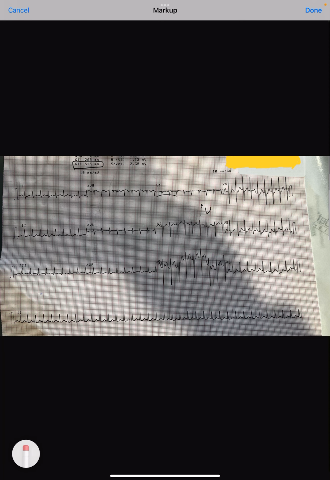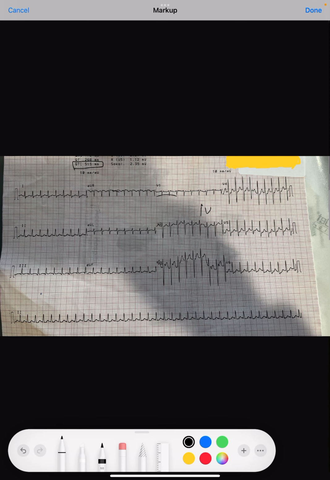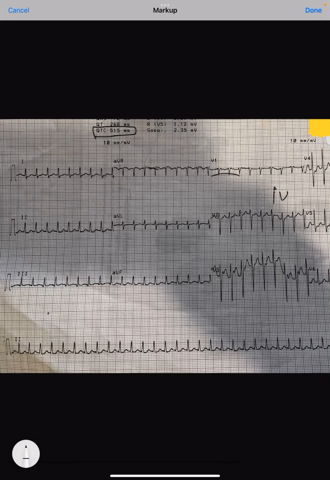Adenosine has to be given through a large vein, preferably a central line, but most of the time the patient will not have a central line because they will be presenting to casualty. So an intracath placed at the elbow will do.